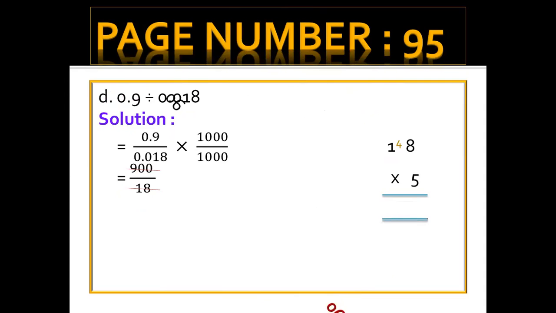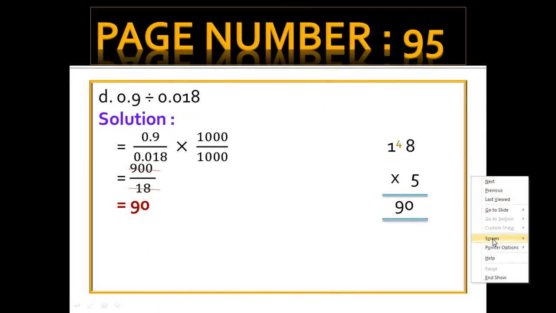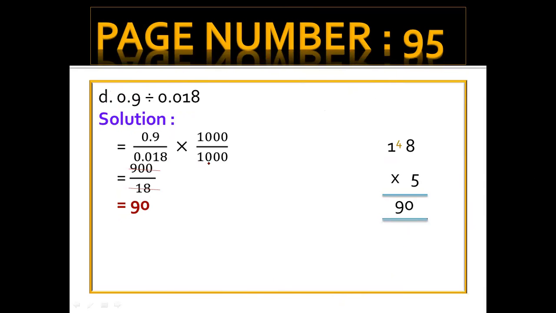So who will tell me which number we divide and multiply with? Loudly. Yes, we multiply and divide with 1000. When we multiply 0.9 with 1000, 900 will be there. And when we multiply 0.018 with 1000, 18.